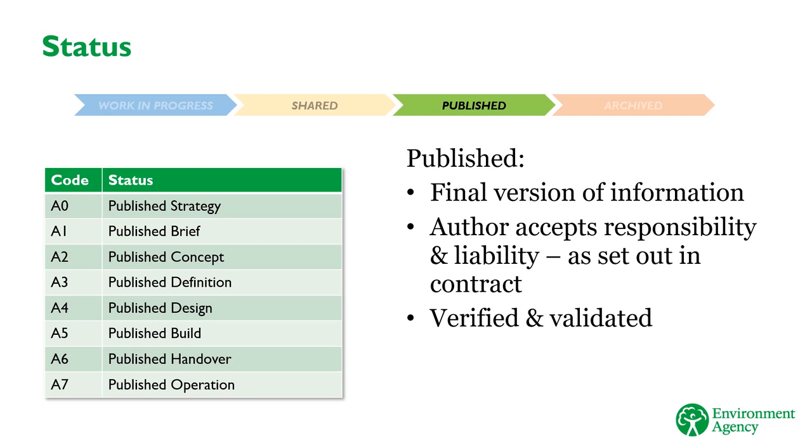You can see there are more codes for published. This is because they follow the EA project stages and tell you the suitability of the data or information for different types of use. For example, a detailed design to be used for construction has to have an A4 status code to show that the author of the information warrants it for use as the final detailed design.